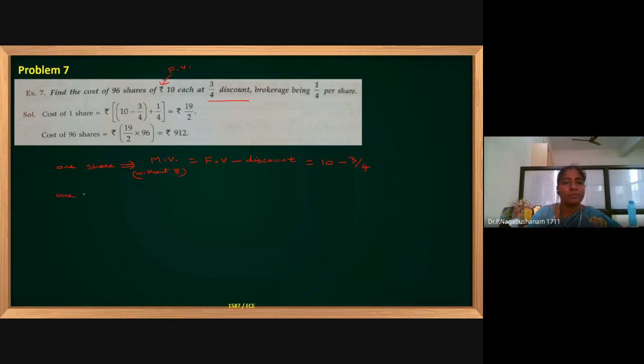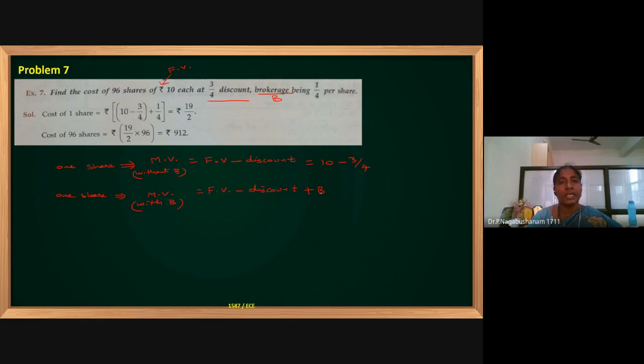The same for one share: if you calculate market value with brokerage, I am taking brokerage as B. If you are calculating cost price, brokerage will be added.